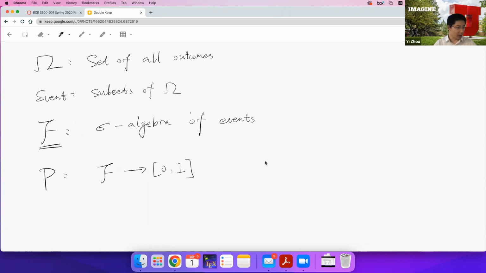Last time we talked about the requirements for this probability law. It must satisfy several conditions. The first condition is that the probability must be between 0 and 1 for every event in this sigma field.